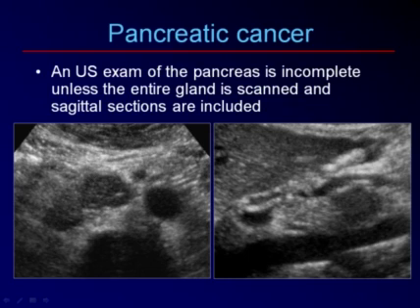So this is a sagittal of that cancer. This is IVC. This is a main portal vein. Here's the pancreatic head, and hanging off the inferior part of the head is this solid pancreatic cancer. So we have to be careful. We do not want to mislead clinicians by saying there's a normal pancreas when we haven't examined the complete gland.